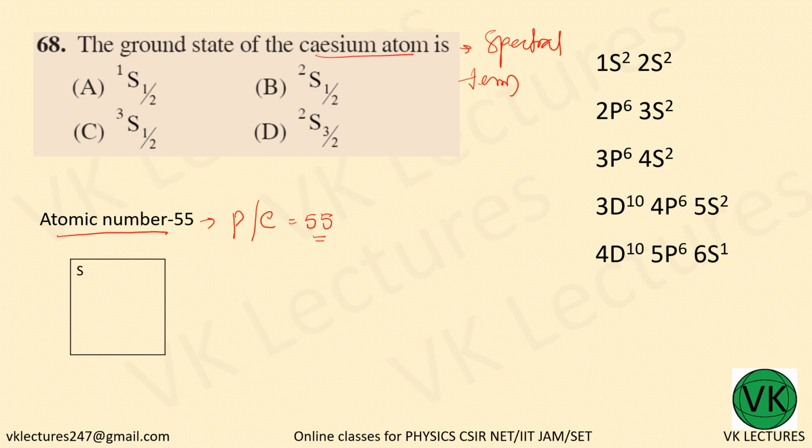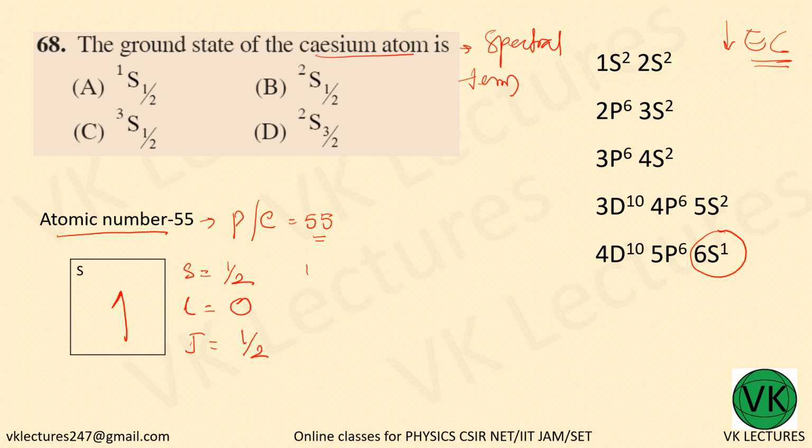Now this is the electronic configuration of cesium atom, and the last electron is in s orbit. So you have in s orbit one electron. Corresponding to this s orbit, we can write the spin, that is equal to half. L value of s momentum is 0. J is equal to L plus half to L plus half minus half, that's equal to half.